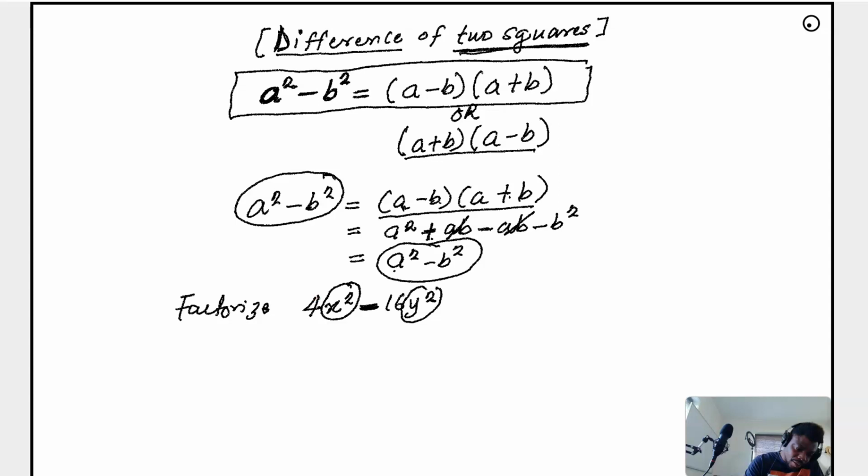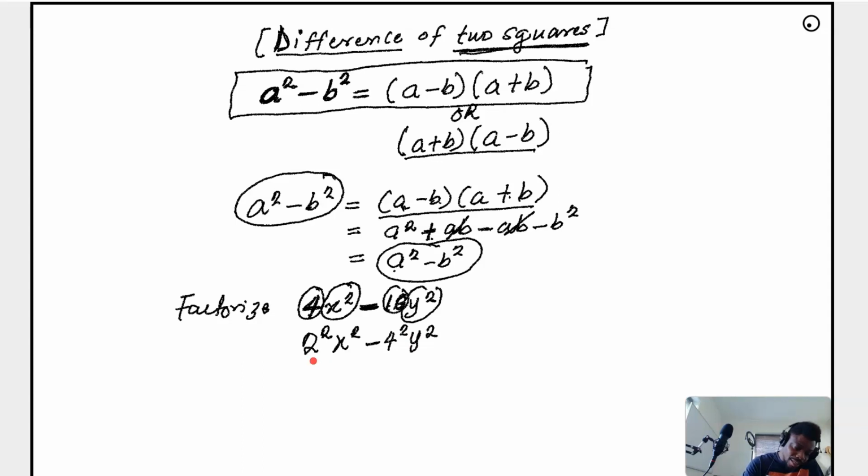But the variables have coefficients 4 and 16. So you need to also express the coefficients as squares. 4 can be written as 2 raised to the power 2, and 16 can be written as 4 raised to the power 2.